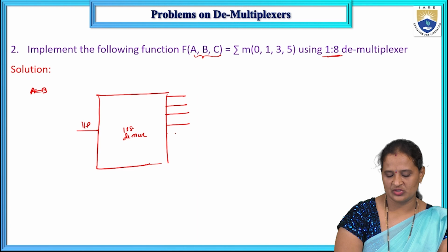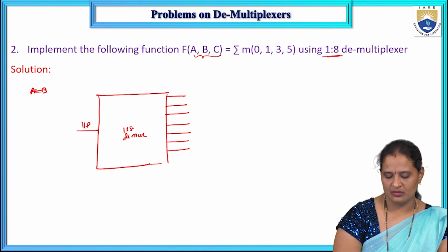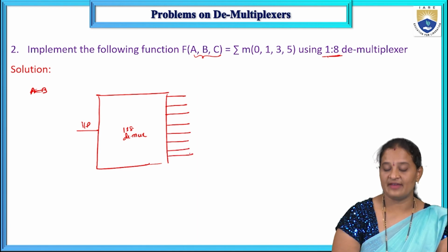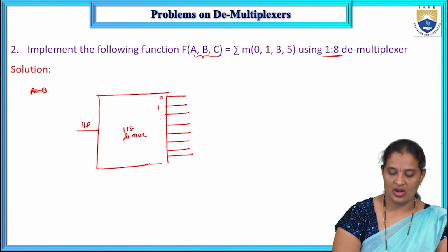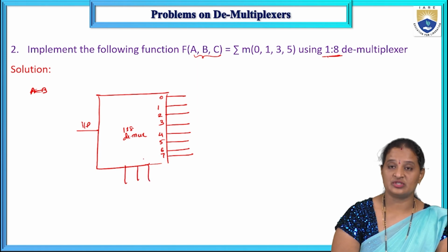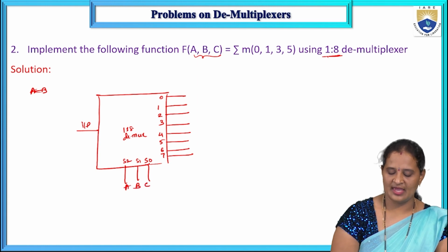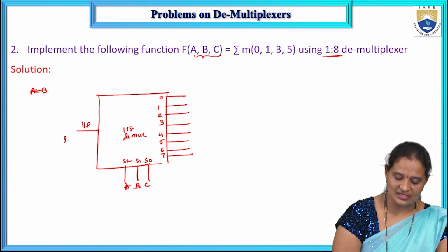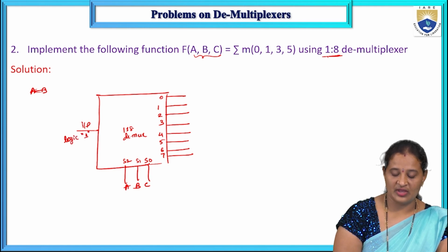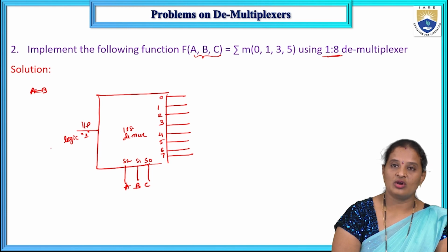So the 8 outputs are 1, 2, 3, 4, 5, 6, 7, 8. Right? 0, 1, 2, 3, 4, 5, 6, 7. And we have selection inputs. What are the selection inputs here? S0, S1, S2, and these are C, B, A. Right? So now, as it is again sum of products form, we have to tie the input to logic 1.